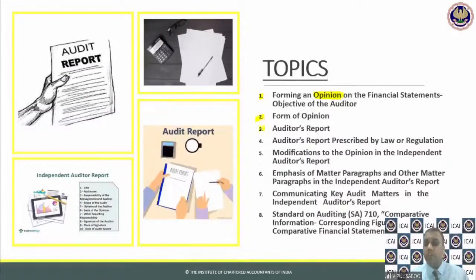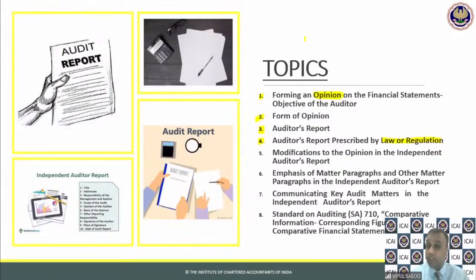The audit report: the layout, the structure of the audit report, what are the constituents of audit report? Then if there is any particular audit report prescribed by any particular law or regulation. So this is a general format as per standards on auditing. The fourth part is, for example, you are carrying out the audit of a banking institution.